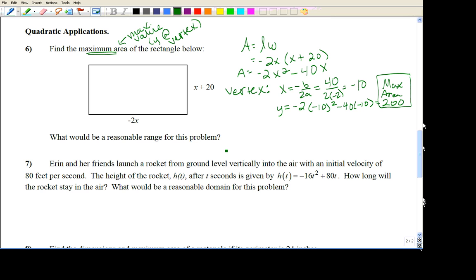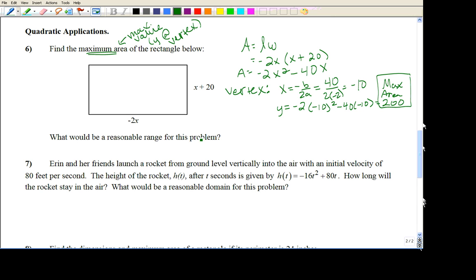Okay, so what would be a reasonable range for this problem? Whenever it's asking reasonable range, this is saying in this situation we want to make sure that it does not go negative. We don't want area to be 0, we don't want the area to be negative.